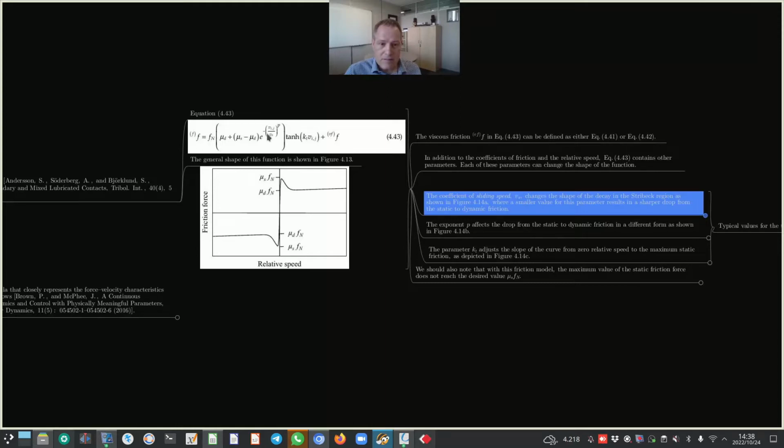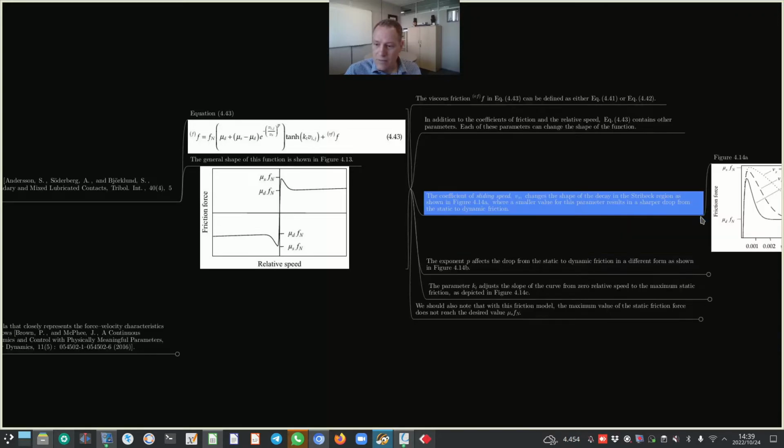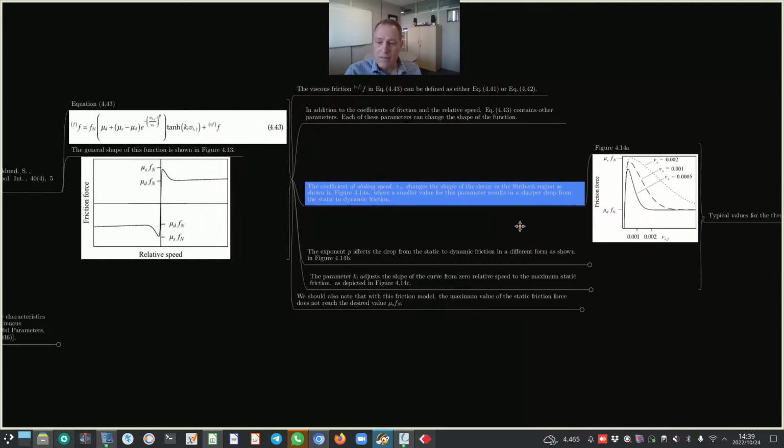First, let's look at the coefficient of sliding speed, Vs. This coefficient is present in equation 4.43 below the line of this exponent. It changes the shape of the decay in the Stribeck region as shown in figure 4.14a, where a smaller value of this parameter results in a sharper drop from the static to dynamic friction.